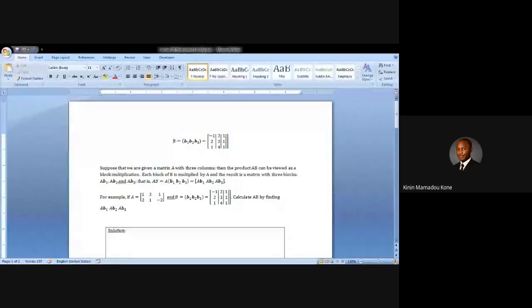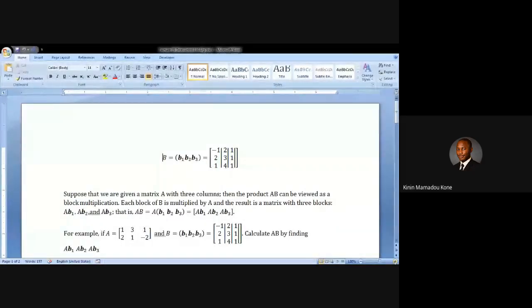Now the next one. So this is the previous example that we've done. We have a matrix B. Now suppose that we are given a matrix A with three columns.